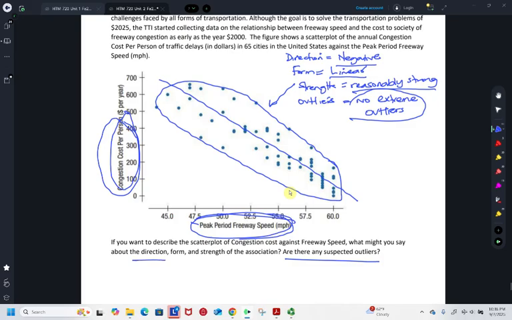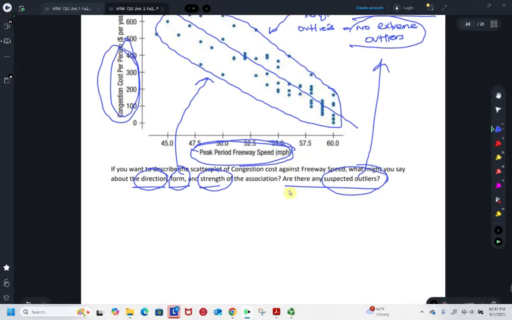So it is in this sense that we describe a scatter plot in terms of the direction, the form, the strength, and whether there are any outliers or not. These are key indicators of the association that might exist between these two numerical variables, or absence thereof. All right.